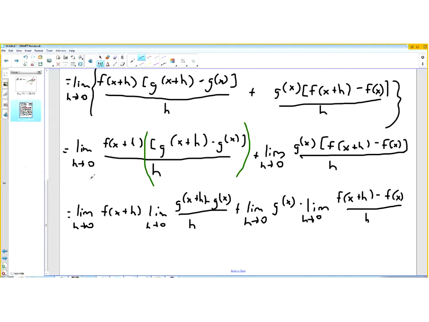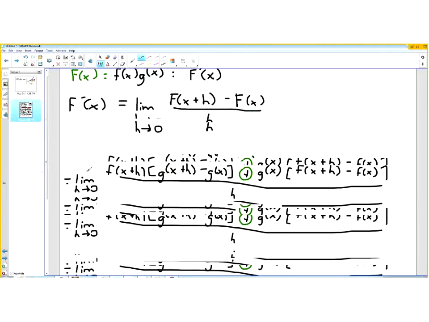All right, so this is the equivalent expression to the original expression.